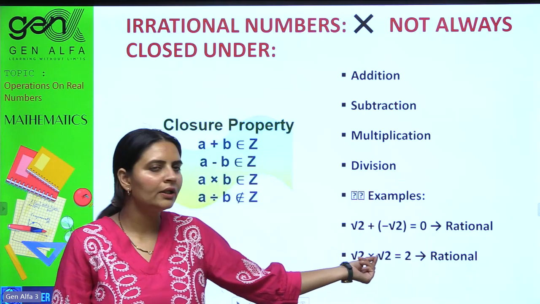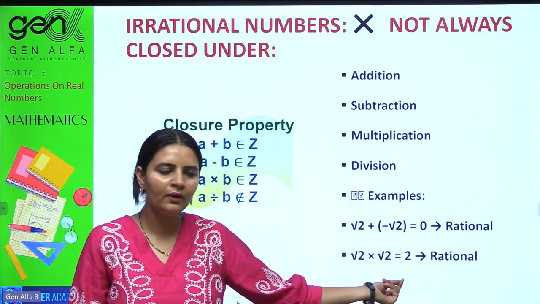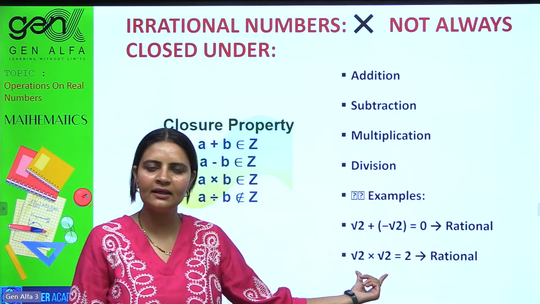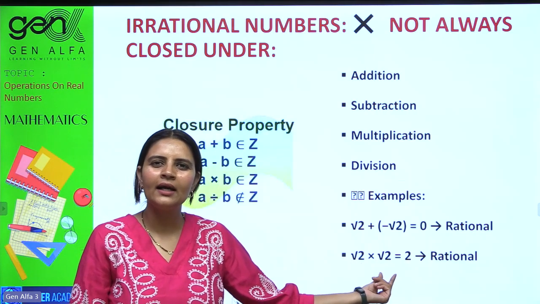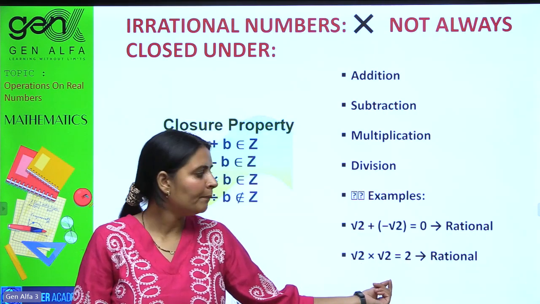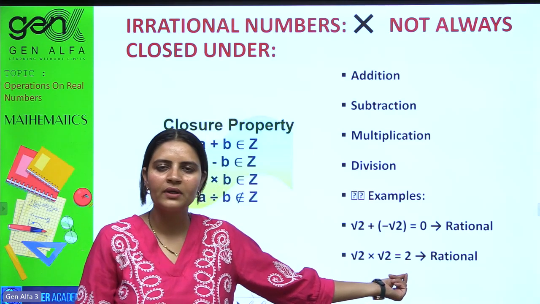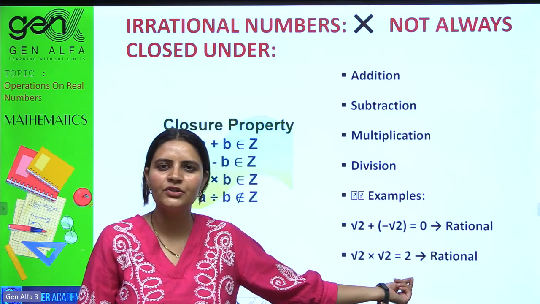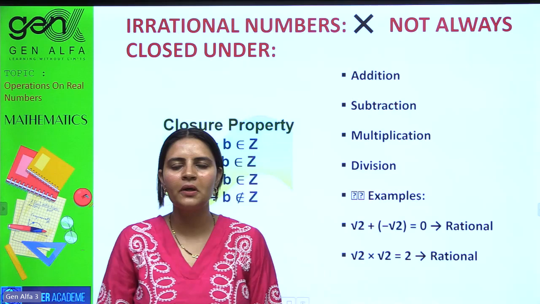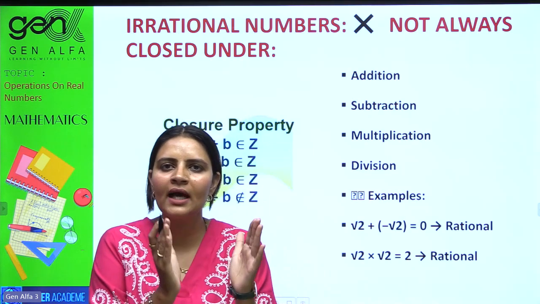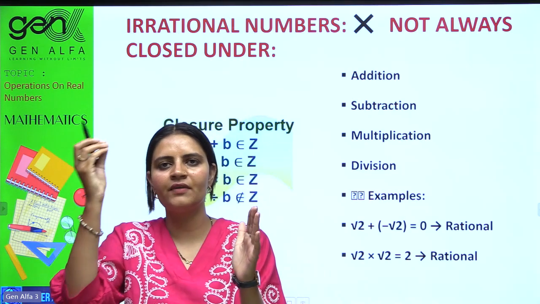Root 2 multiplied by root 2. These two numbers are irrational, and under the multiplication operation the result comes out as the rational number 2. Again, a contradiction. Taking two irrational numbers, the result gives you a rational number.